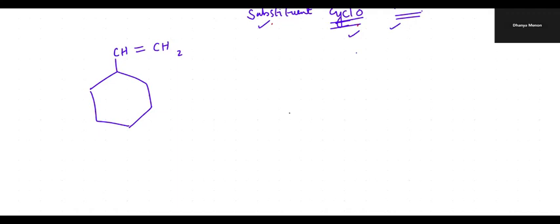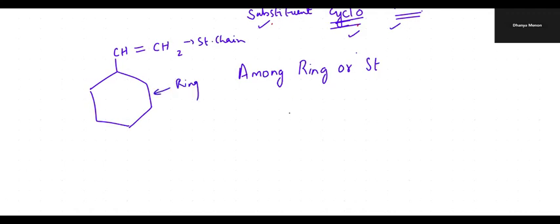Among the ring and the straight chain, this is the straight chain and this is the ring, you know that. To choose which is the root word and which is the substituent, there is a small rule.